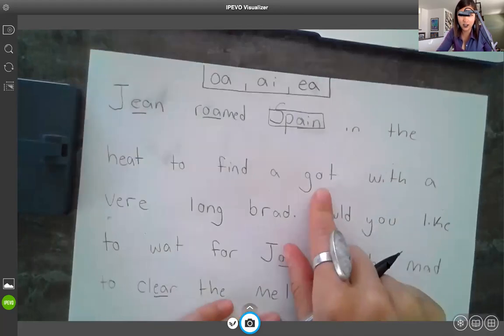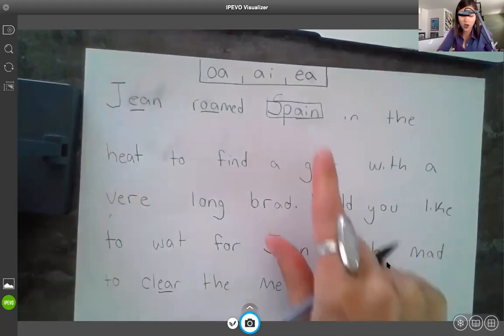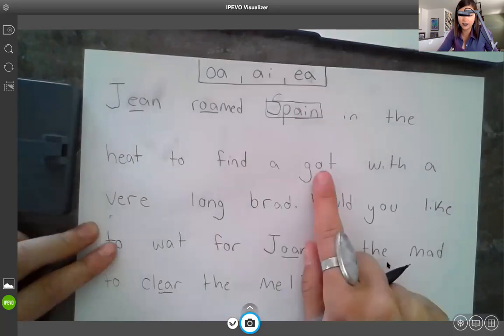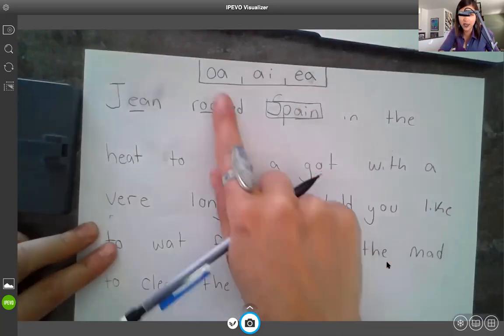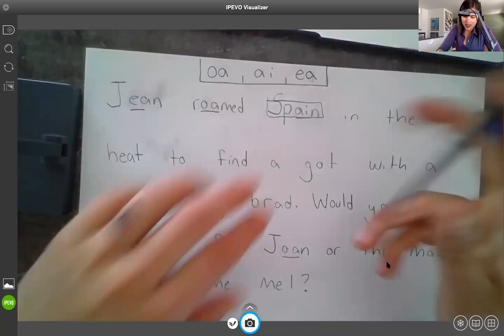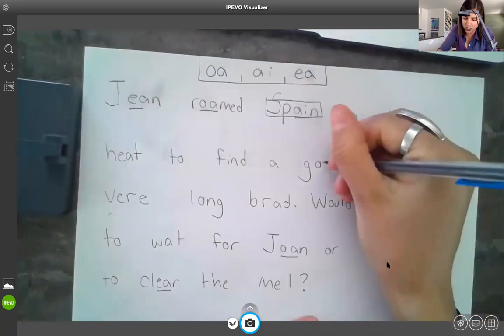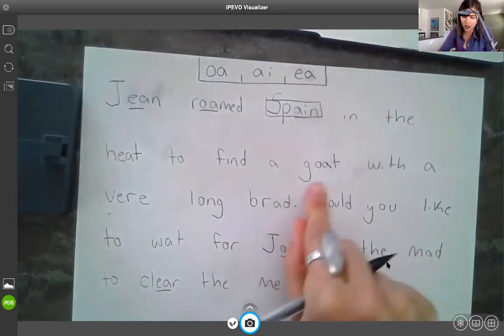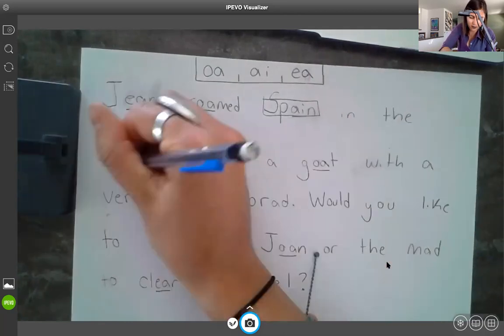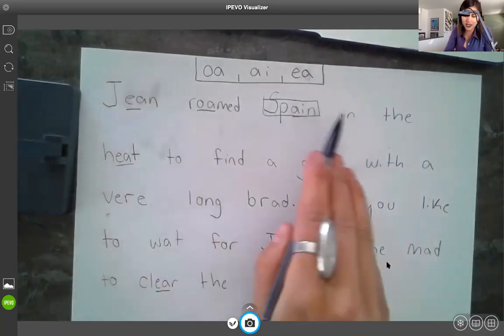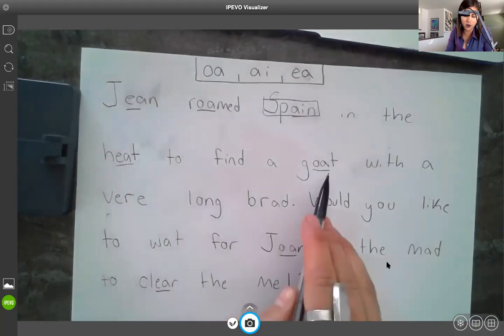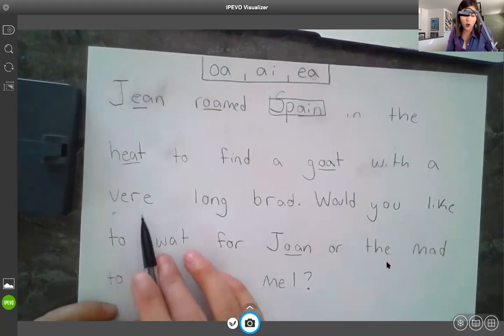Let's take a look at our concepts that we've been using. O, A, E. What vowel does it already have? An O. So what can we add to it? An A. What is this new word now? G-O-A-T. Goat, right?